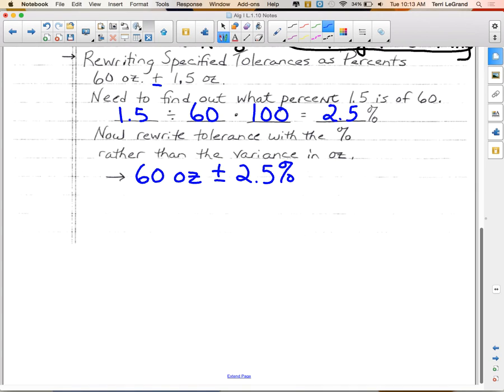That says it can vary by this much: 2.5% less than it, 2.5% more than it. We knew that that 2.5% was 1.5 ounces. What we found was this. So this is our final answer. So when they want you to rewrite it as a percent, this is what you need to do. Okay? Any questions?